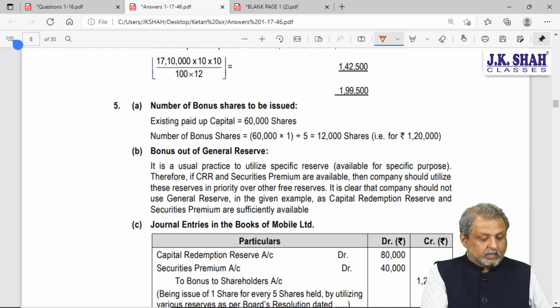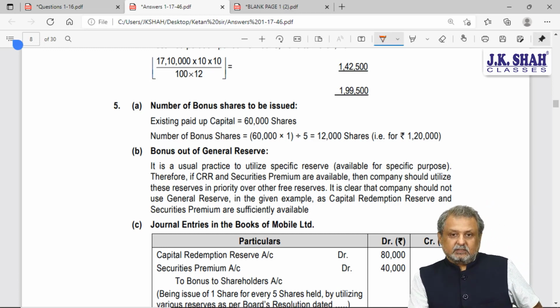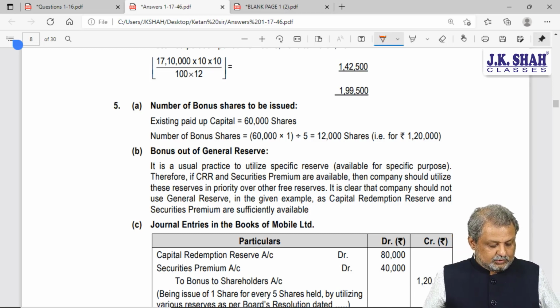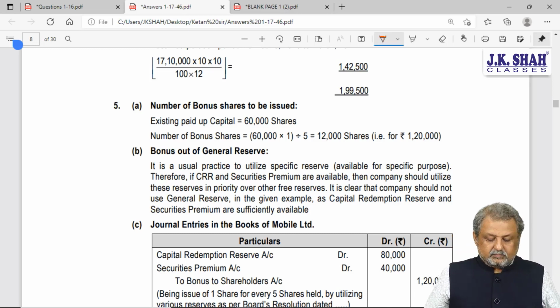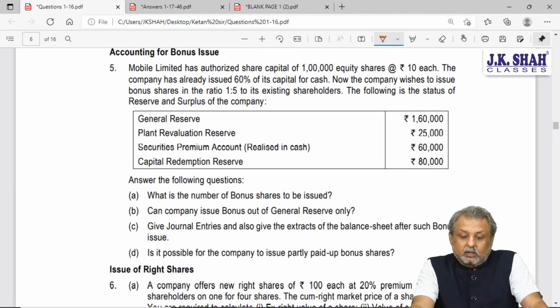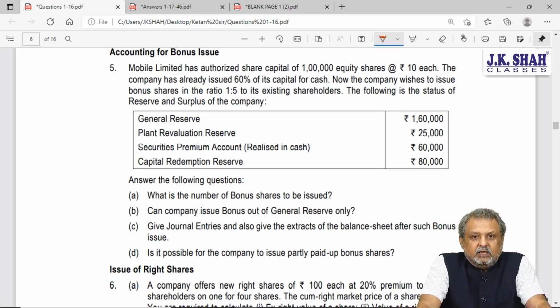Then, the next topic, very simple topic, accounting for bonus issue. Mobile Limited has authorized share capital of 1 lakh equity shares of 10 each. Authorized capital is always only an information.